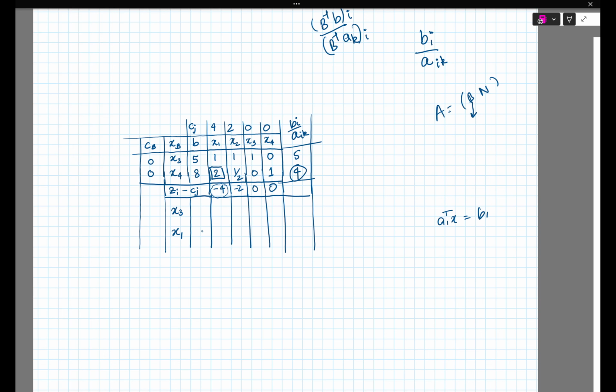So you divide it by 4, and what you will get is 1, 1 by 4, 0, 1 by 2. Okay, and we make this one 0. If you have to make this 0, what you will do is row 1 minus row 2 divided by 2, right?